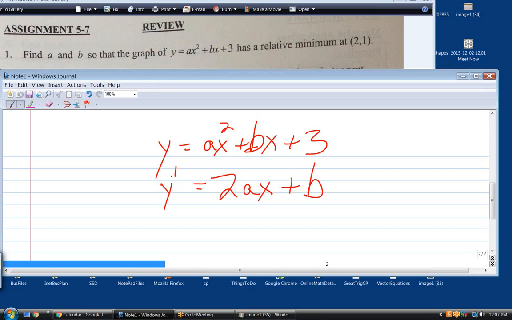So y prime has to be 0 when x is 2. So that's one equation.